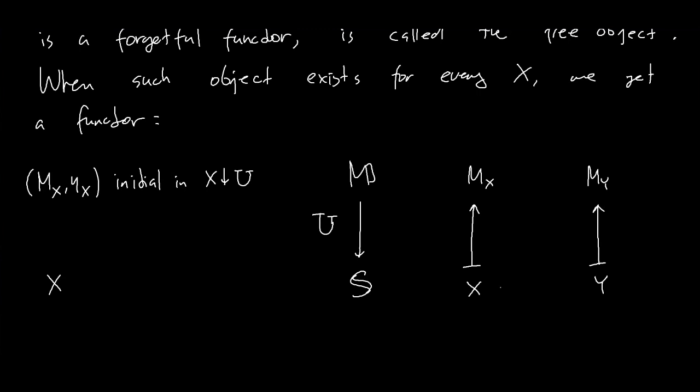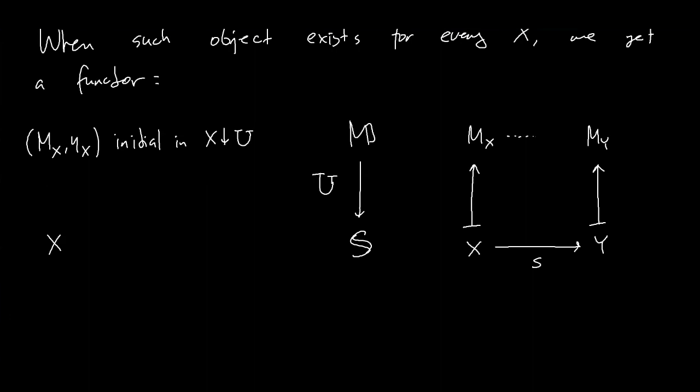I need to know how to produce out of a morphism in S, let's call it small s, something here if it exists at all. So let's learn how to do that. The fact that it's a functor, we will get convinced of below.